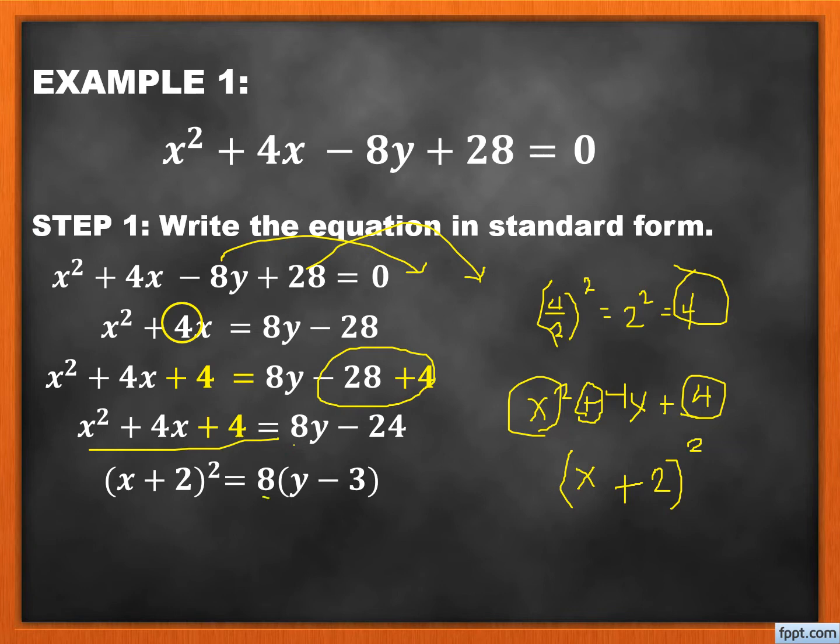Then, to get the other factors, simply divide: 8y divided by 8 is y, and negative 24 divided by 8 is negative 3. Therefore, our final answer, or the standard form of the equation of the parabola, is the square of (x plus 2) equals 8 times (y minus 3).